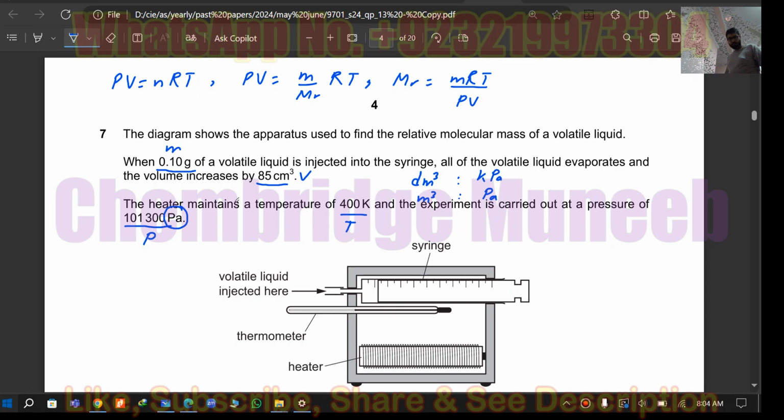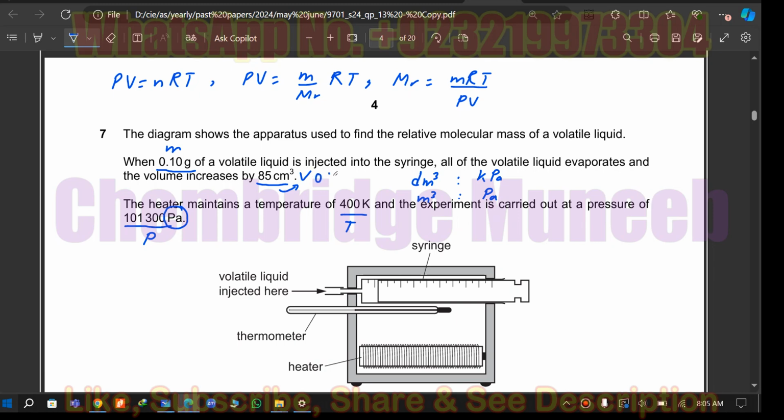Now having said that the equivalency is meter cube and Pascal, we need to convert the units of the volume. First of all, I will convert this 85 cm cube into dm cube. So dividing by 1000 will give me the value of 0.085 dm cube.